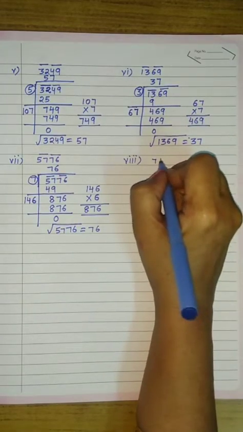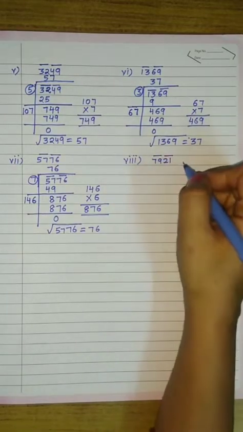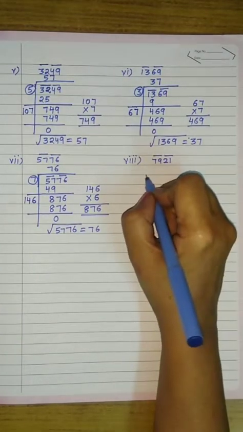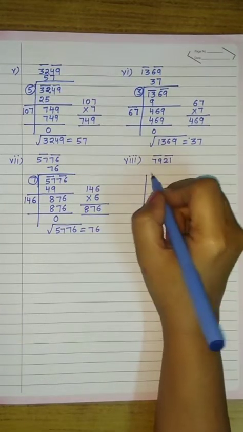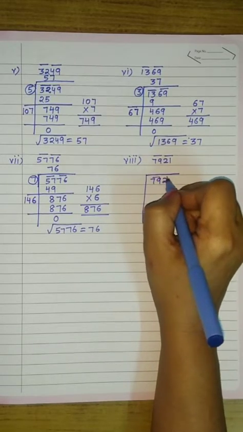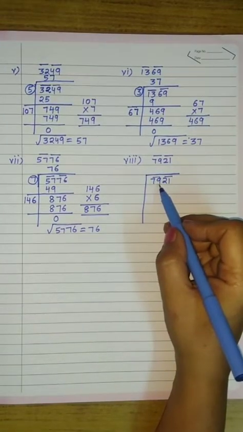Now the 8th part of this question is 7921. Now I am putting one bar on 21 and one bar on 79. Then I am going to find the square root of this number by the long division method. From the left side I have the bar on 79.